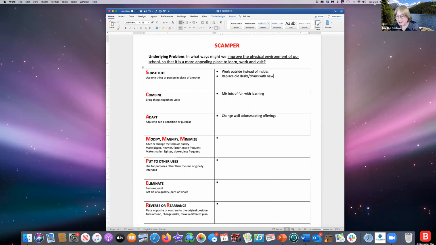Also substitute, get rid of the desks and bring in carpets and beanbags. Eliminate unnecessary testing. Minimize. Minimize non-hands-on activities. Combine, mix lunch and recess together.